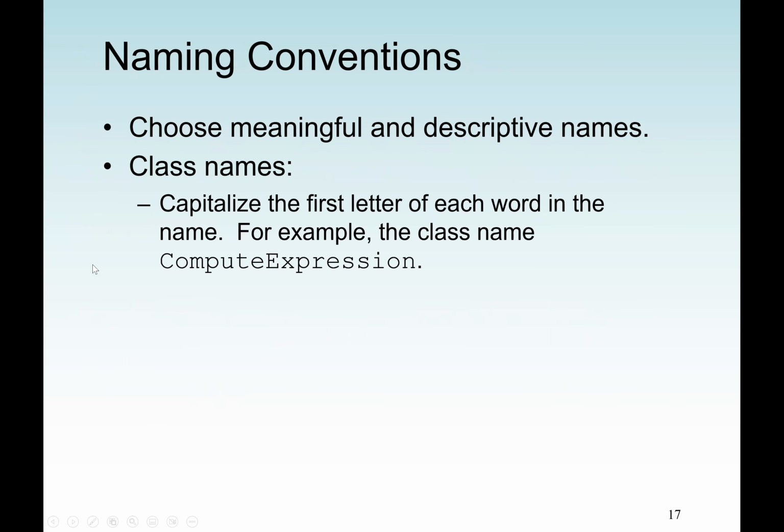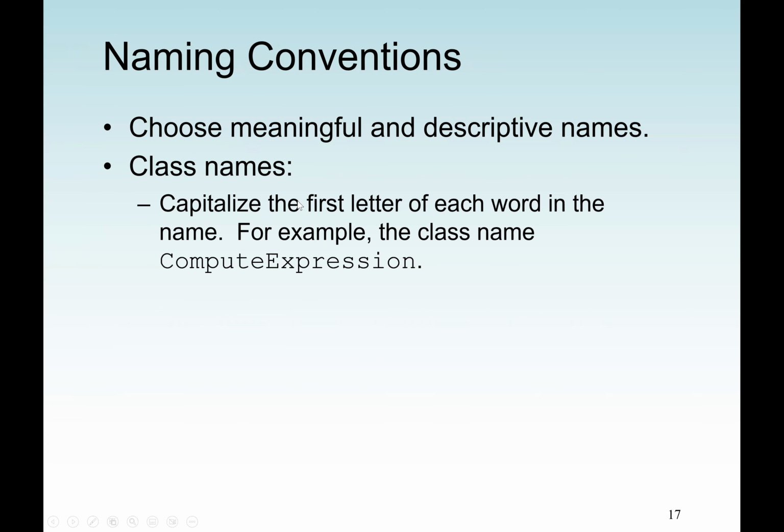So naming conventions. Here we say always choose meaningful and descriptive names. What we mean here is that, for example, if I declare a variable, a variable is a memory location, and I want to store exam test score. If I name the variable X or Y or balance, we don't know the content. It's not wrong, it's correct, but it's always advisable that we should have a meaningful name.